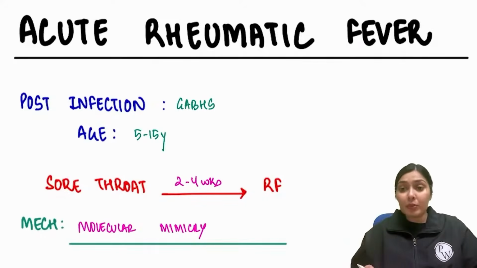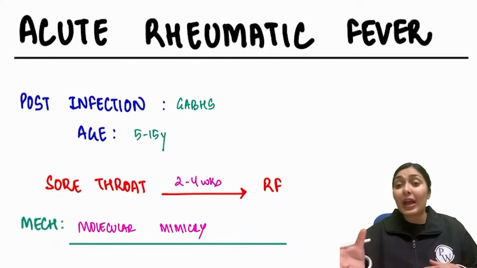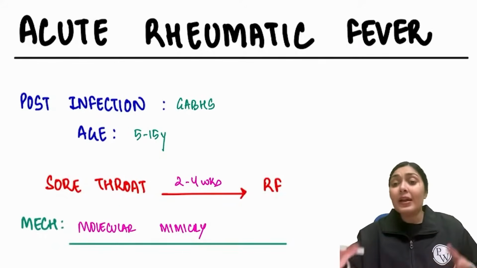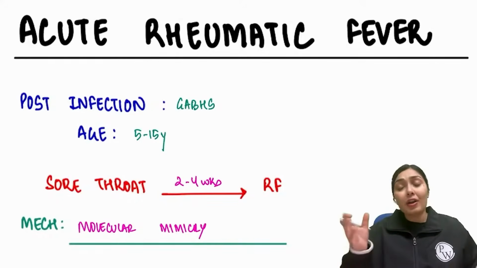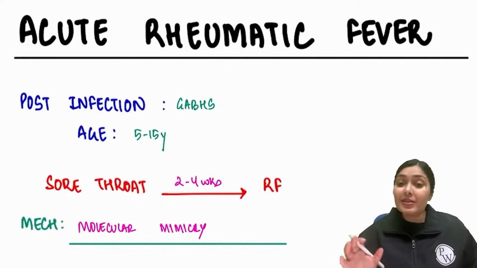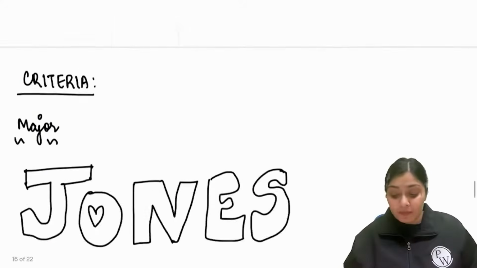So this is molecular mimicry, because of the similarity of the molecules, the structure, the antigens between that bacteria and my own antigens. The antibodies that were initially produced to fight the infection will now fight self, right? That is the mechanism behind this acute rheumatic fever.